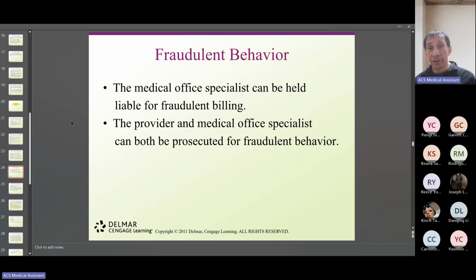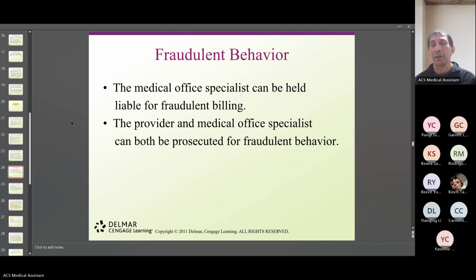So here are some of the things that we should be looking out for, particularly when you are coding, when you're filing these claims for reimbursement, because there are lots of fraudulent situations when it comes to billing patients.